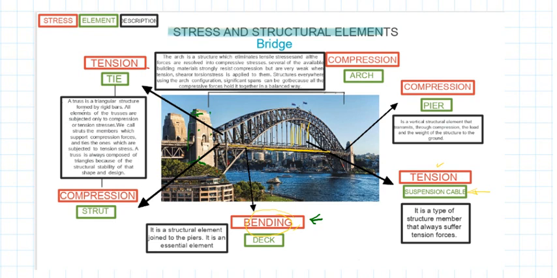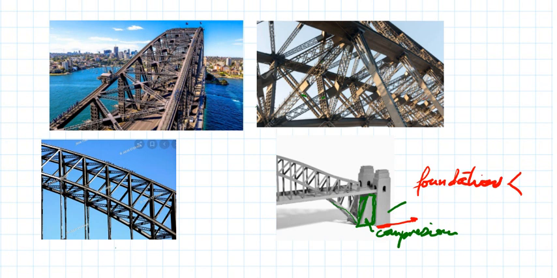If you see the trusses here and here and all the details of this. So they are made of trusses. Can you see? They are made of trusses, and the trusses are again made of trusses.